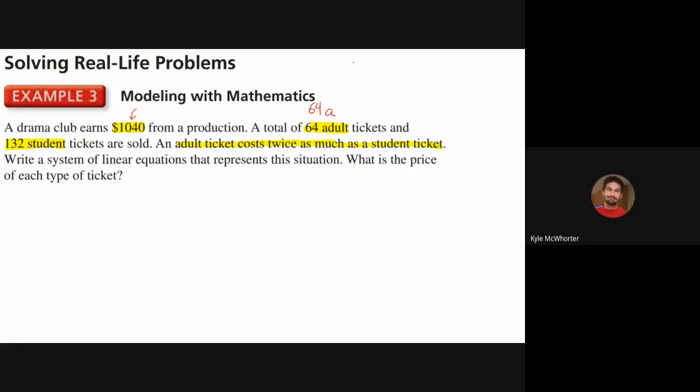So I'm going to say up here, A equals price of adult ticket. And then let's let S equal the price of a student ticket.